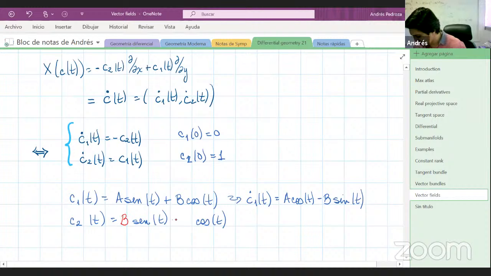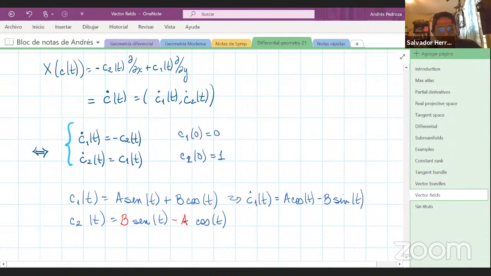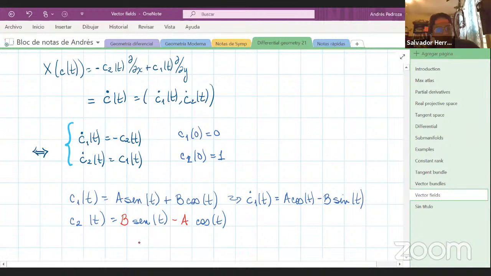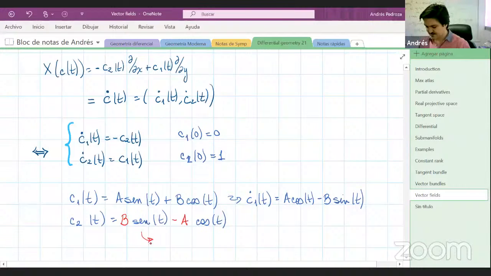So B should be minus A, yeah. And let's check that. If you take the derivative of this, it's going to give you C1. Yes, they agree.